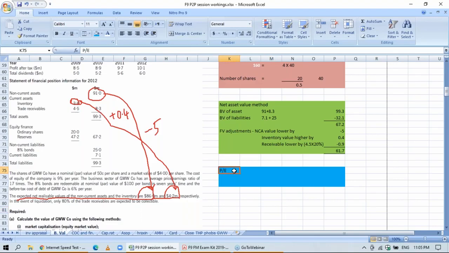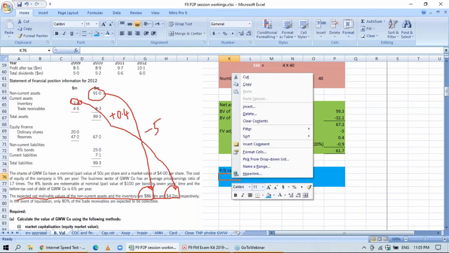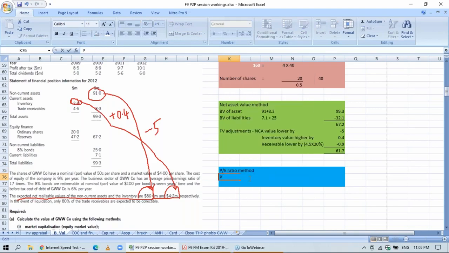By the price earning ratio method, you can find the market price of the share, which is equal to earnings per share, EPS, multiplied by the price earning ratio.